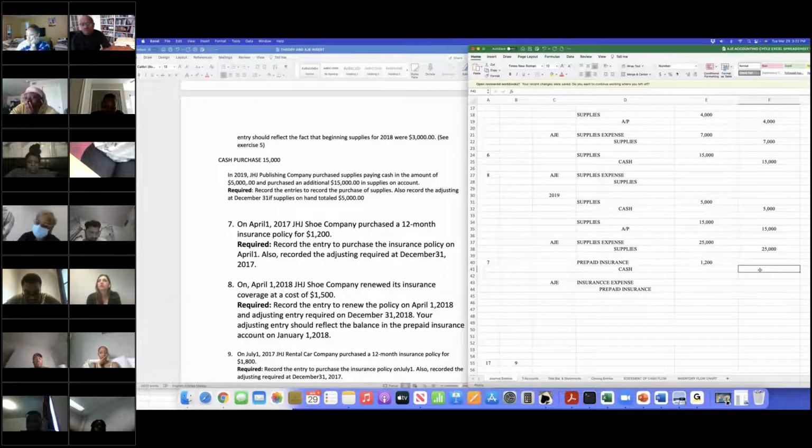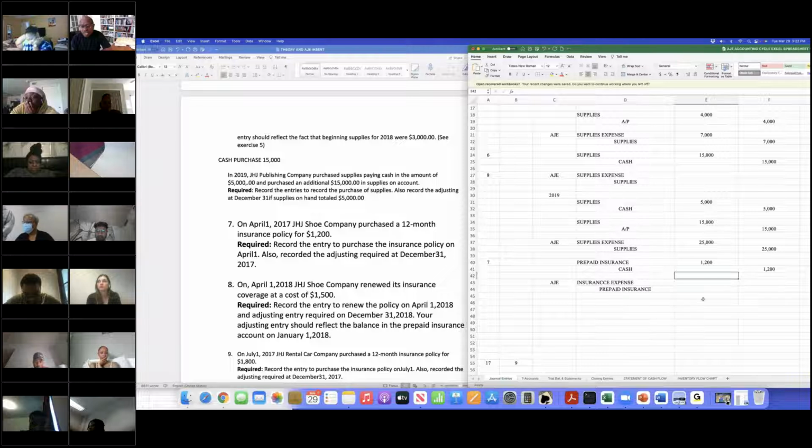Whenever we're working with prepaid insurance, one of the things we're going to do is come up with the monthly amount that we are amortizing. We just divide what we paid, 1,200, divided by what? 12.